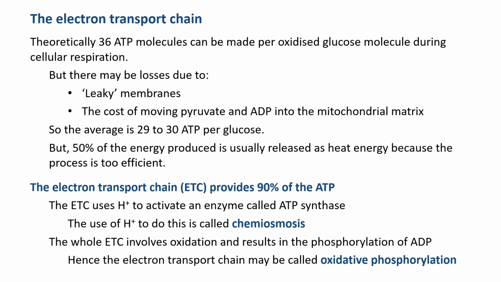The whole of the electron transport chain involves oxidation, and it results in the phosphorylation of ADP. In other words, the adding of a phosphate to ADP. Hence, the electron transport chain may be called oxidative phosphorylation. And you may see this again in textbooks.